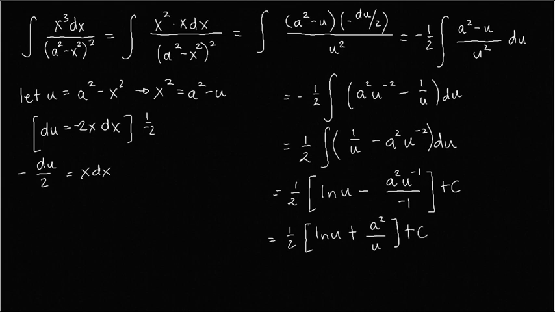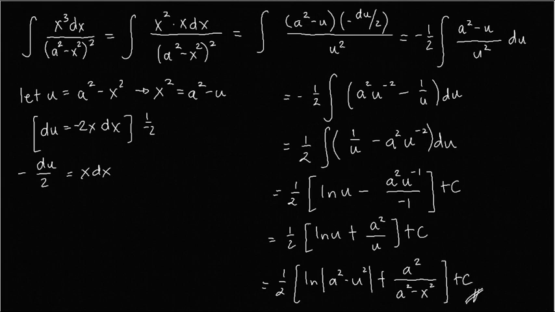And again, substitute u equal to a squared minus x squared. So we have 1/2 times ln of a squared minus x squared plus a squared over u, which is a squared minus x squared, plus c. So this can be a format of the answer.